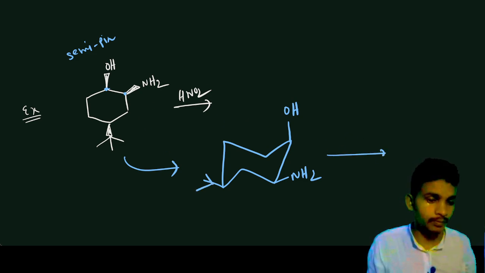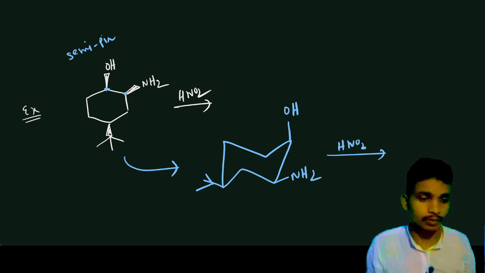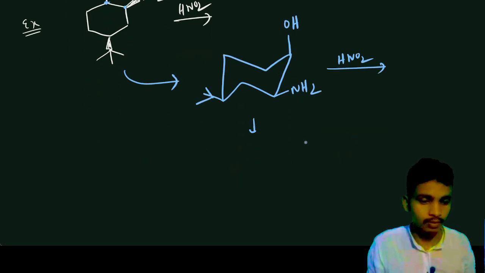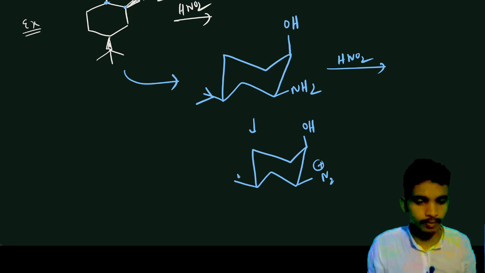Okay, here we have HNO2. Now what will happen, this NH2 is converted into nitrogen gas. So here we have OH, and this is going to be N2 positive, and here we have these groups.